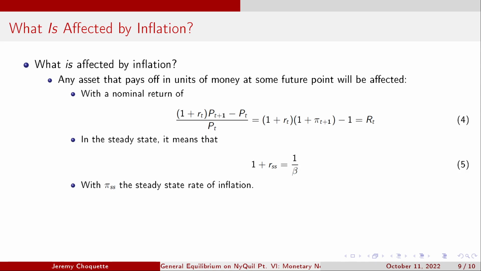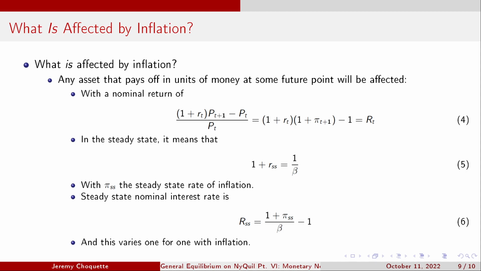Now with, say, pi sub SS being the steady state rate of inflation, the steady state nominal interest rate is going to be equal to this right here: 1 plus steady state inflation divided by beta, minus 1. And the interesting thing here is it varies 1 for 1 with inflation.